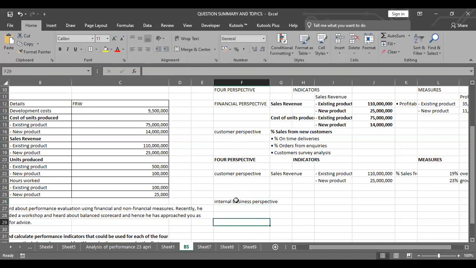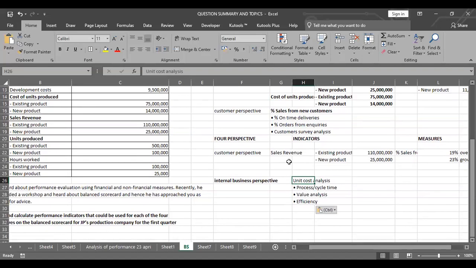So that's what we have for that case. We need to check that, and for me to check that, I need to, of course, enlist what it carries. It carries these components to assist you to check for that: unit cost analysis and the rest of those.